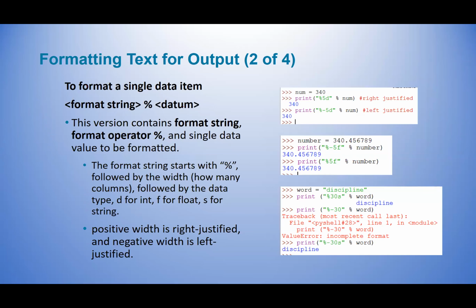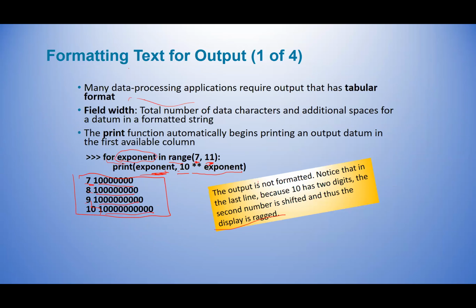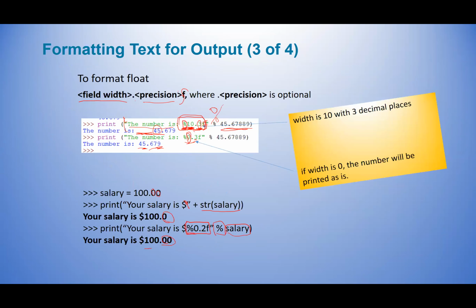This is number 2, and this is where I explained D is for int, F is for float, and S is for string. So let's go through this one. Why did I skip this one? I have no idea.